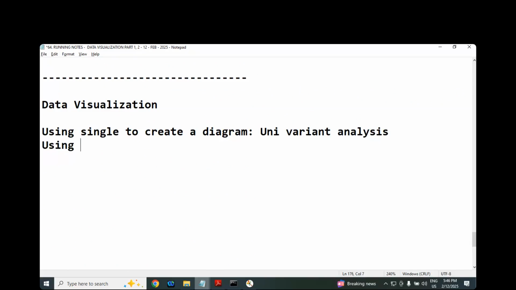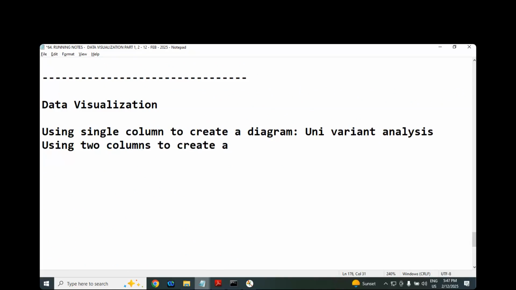If you are using two columns to create a diagram, then that is called bivariate analysis. If you are using more columns, then that is called multivariate analysis.